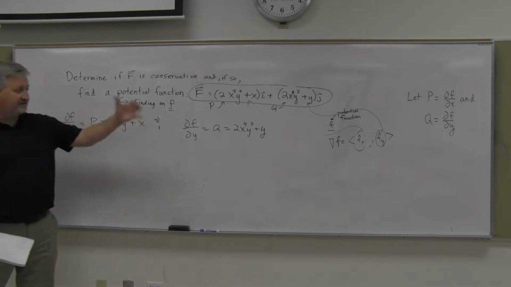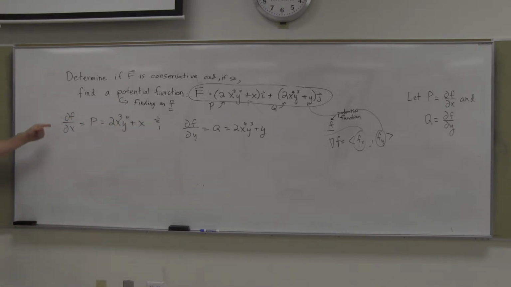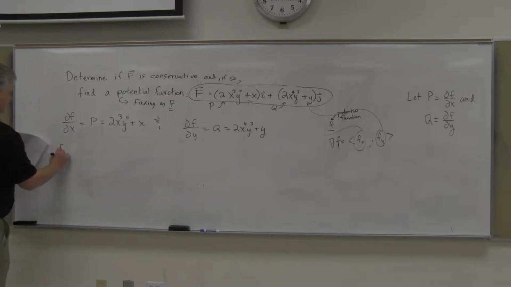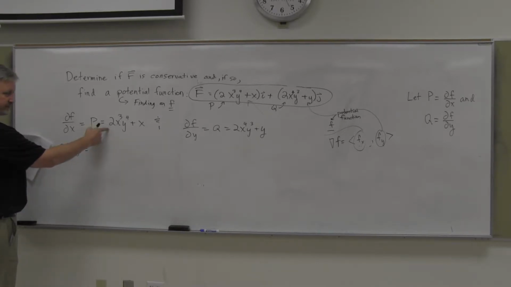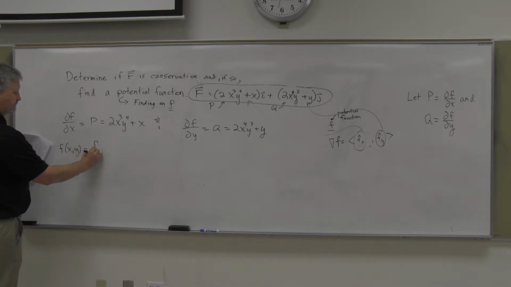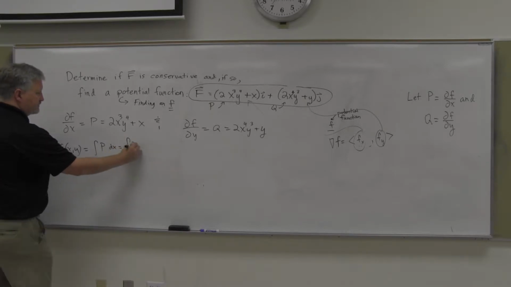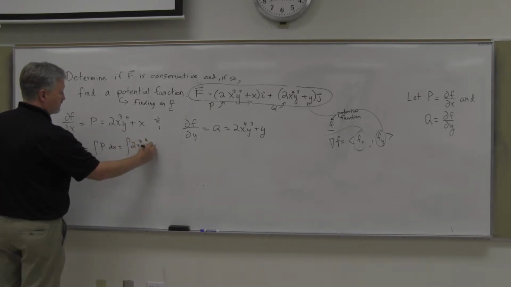Sometimes one is easier than the other to do this too, but I've got the derivative. How do I get it back to the function? Antiderivative? Integral? So f here then is going to be the integral, in this case, of P with respect to x. Or in other words, the integral of this 2x cubed y to the fourth plus x dx.